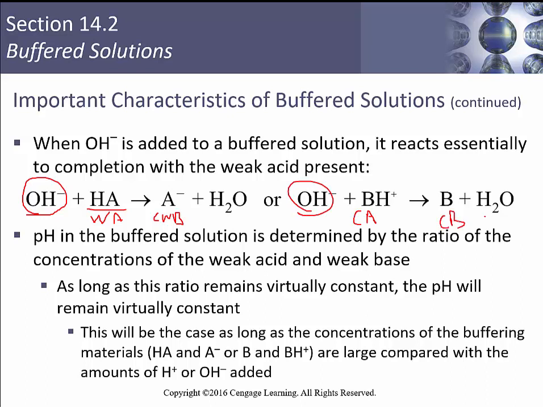The pH in the buffered solution is determined by the ratio, again, of the concentrations of the weak acid and the weak base. As long as that ratio remains virtually constant, the pH will remain virtually constant as well. This will be the case as long as the concentrations of the buffering materials, the HA and A minus, are large compared to the amount of H plus and OH minus added. This is what we're going to call buffering capacity.